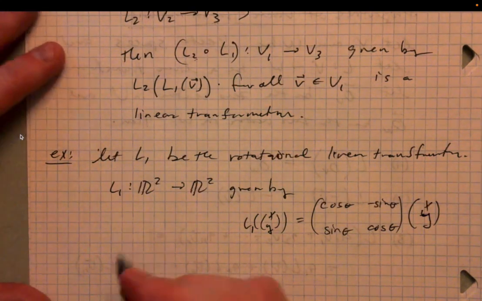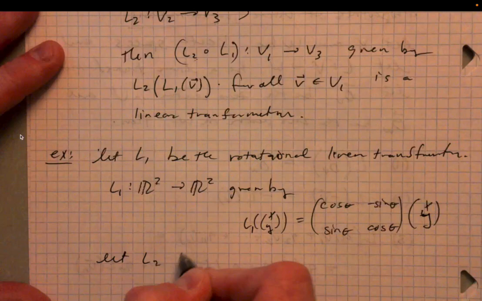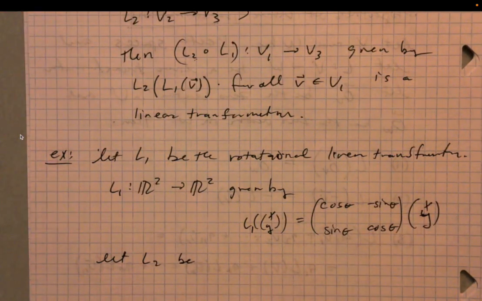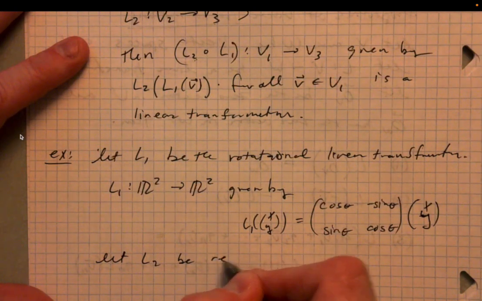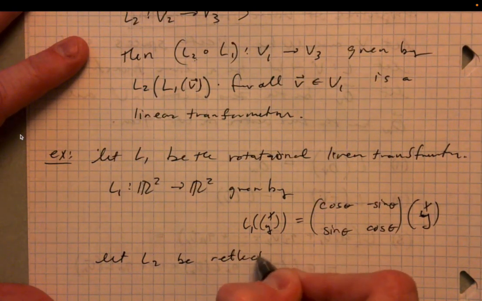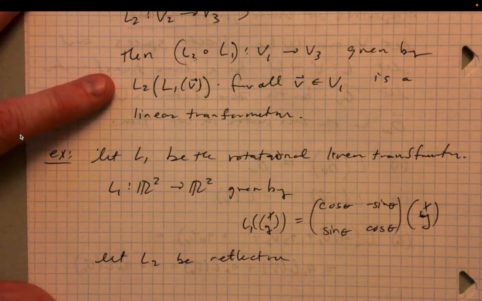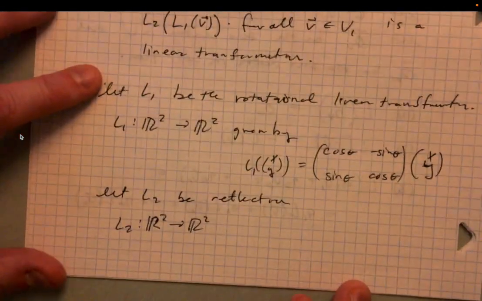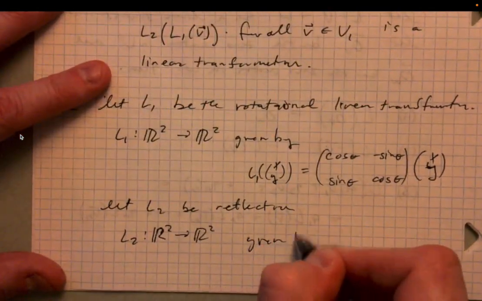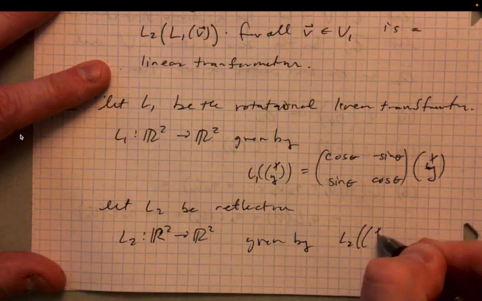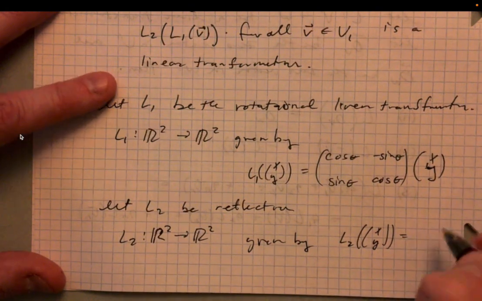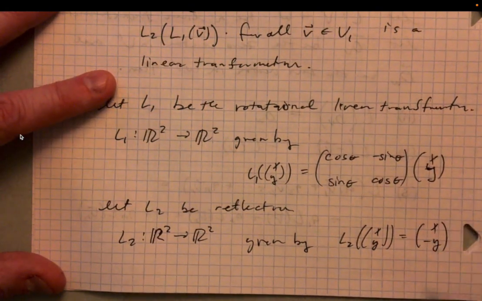L2, let's think about L2. Let L2 be the reflection linear transformation. Okay, so L2 again goes R2 to R2, given by L2 of a vector xy equals, we'll say, x negative y.